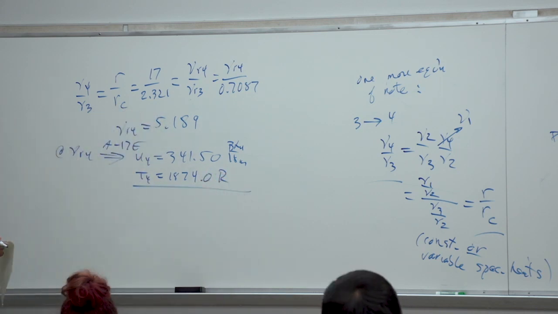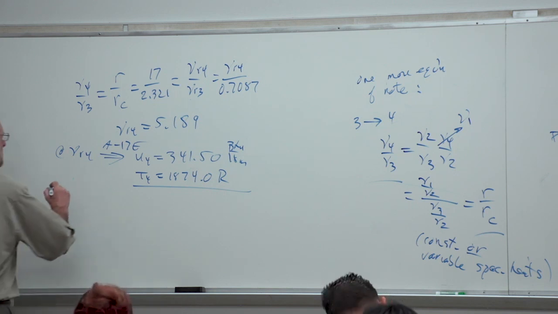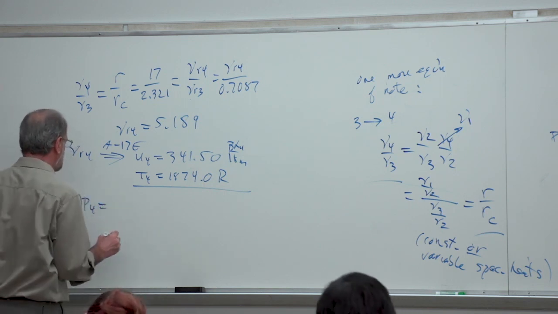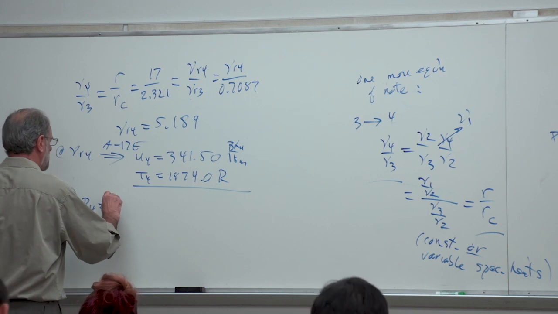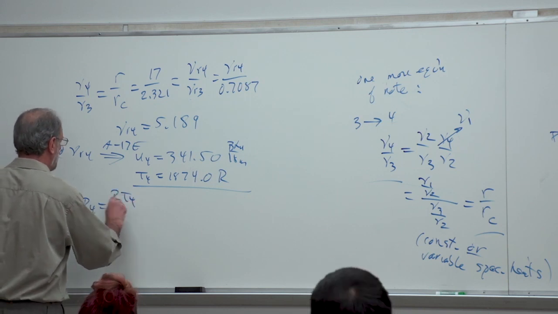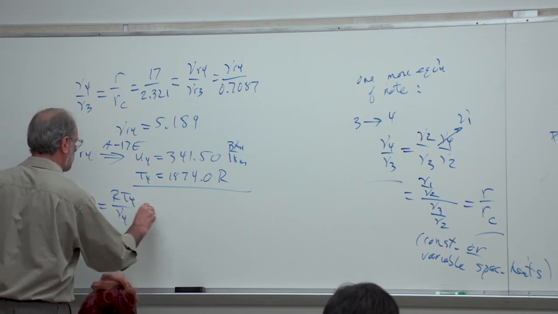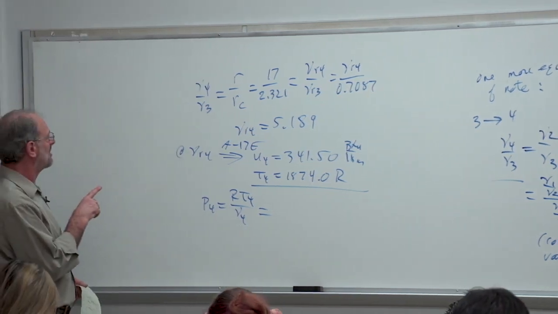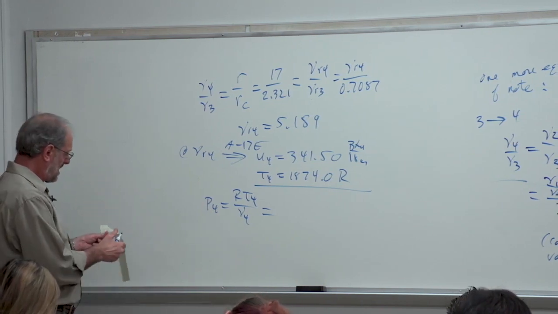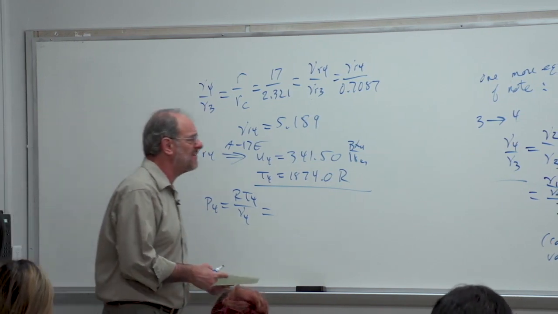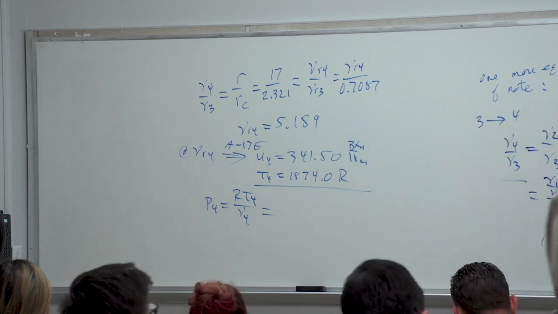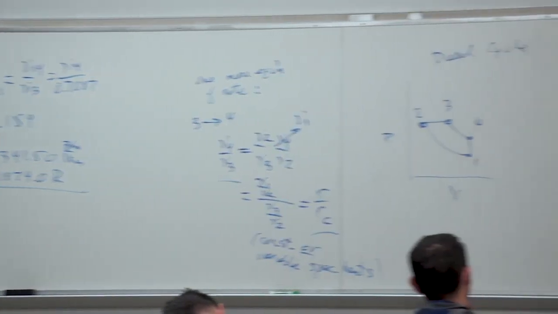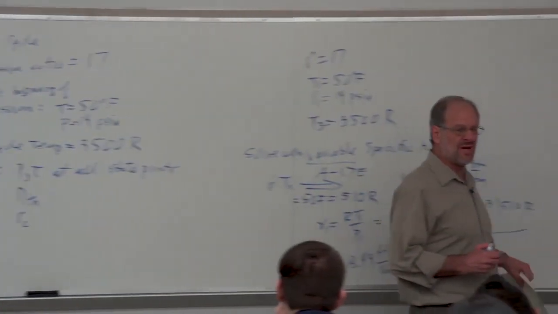And then I suppose, since we're trying to find all of our thermodynamic properties, let's just find P4. So, PV equals RT. So again, we have R already. T4 we just found. V4. Do we have V4? We do. It's the same as V1, isn't it?